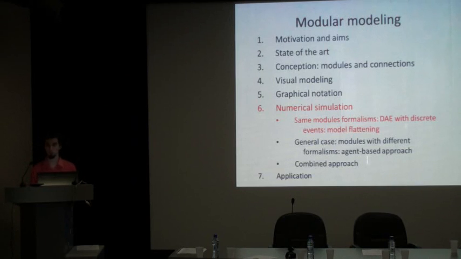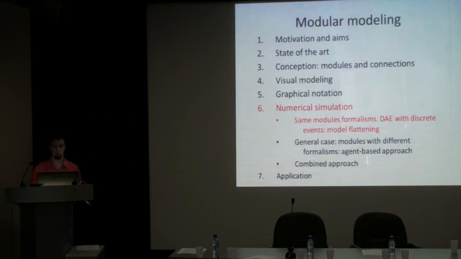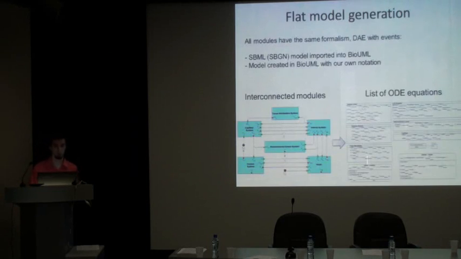So we need a formal interpretation of this model to obtain a numerical model and simulate it. For this we propose two approaches. First is model flattening. It can be used when all modules utilize the same formalism, namely differential algebraic equations with events.